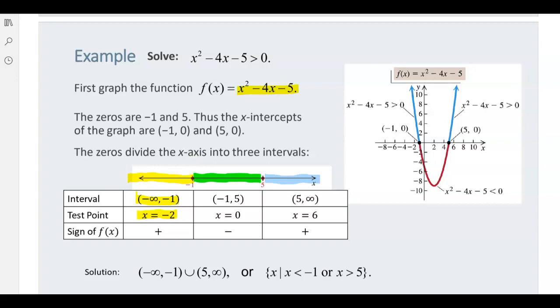If it's positive, that means that everything within that same region will be positive, in this case above the x-axis. I'll do that for each of the 3 intervals, and I get this idea down at the bottom, the last line, of what the structure of the graph looks like, where it's above and below the x and y intercepts, and then in this case, where the function is actually positive, which is answering the original question, where is this graph greater than 0?